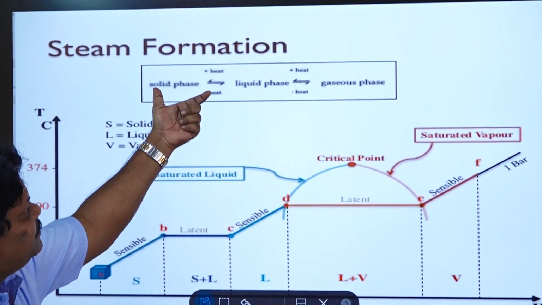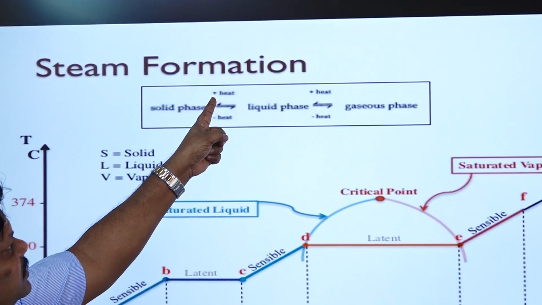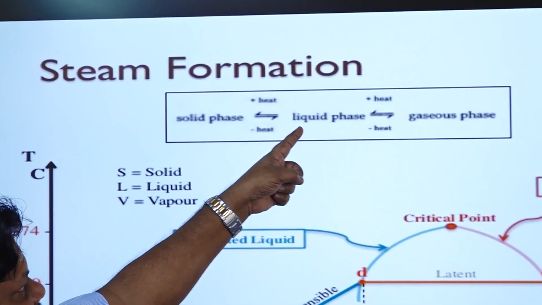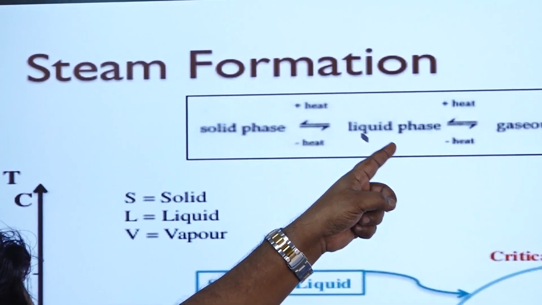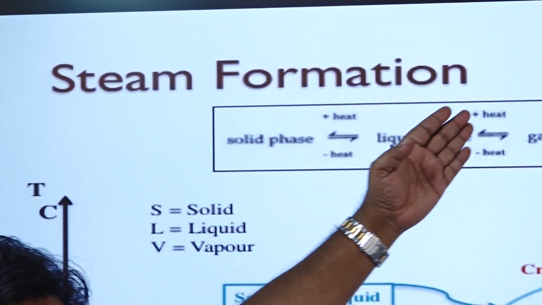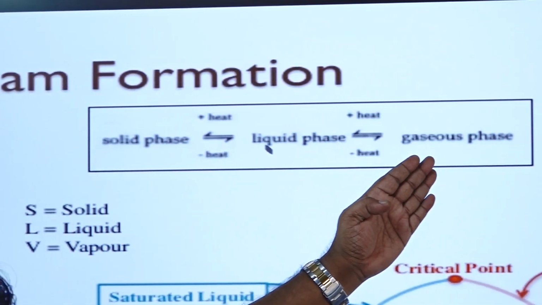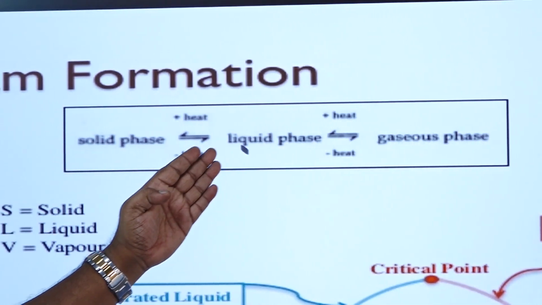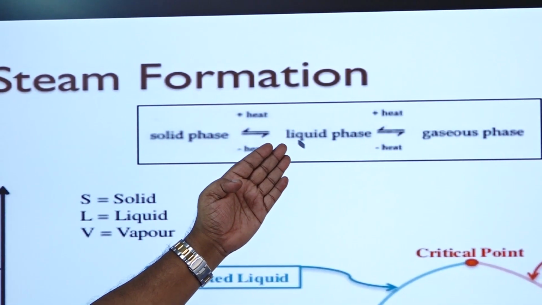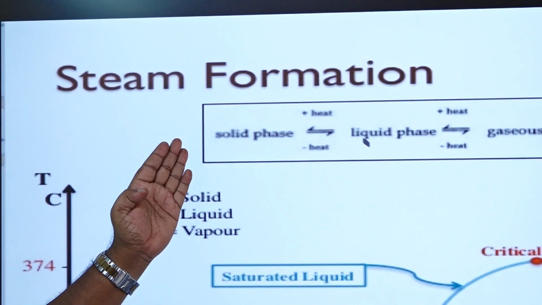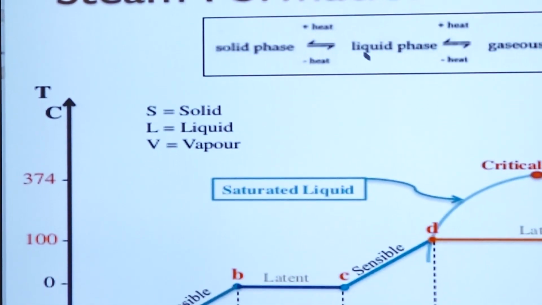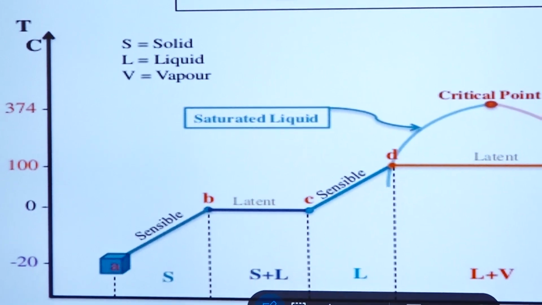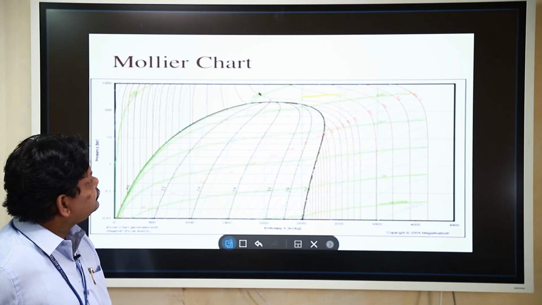Initially it is in the solid phase; when positive heat energy is given, it is converted into the liquid phase, and on further heat addition into the gaseous phase. On removal of heat, the gaseous phase is converted into the liquid phase and then the solid phase.